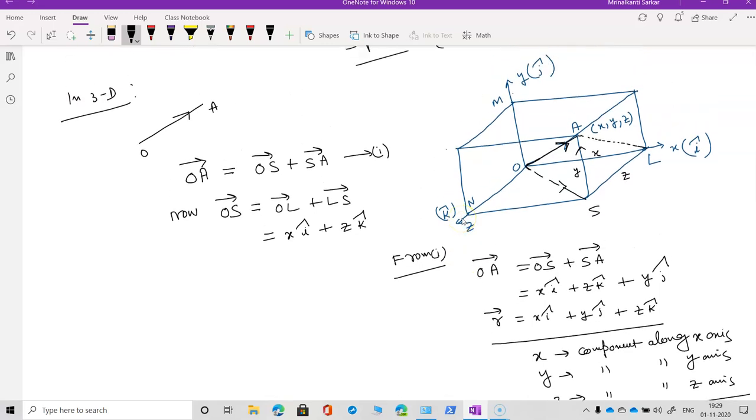Okay, and let's see what the modulus stands for here. What is the modulus of the vector OA? This is by simple calculation. Everyone will see that this angle is 90 degrees, all of you know.